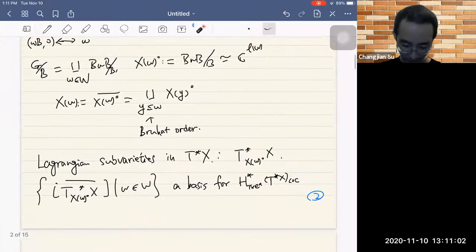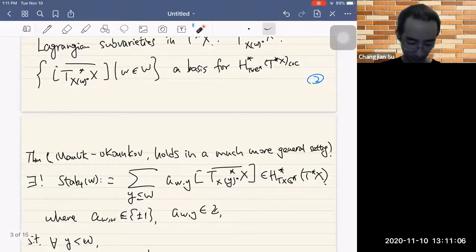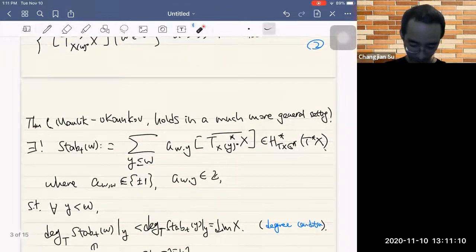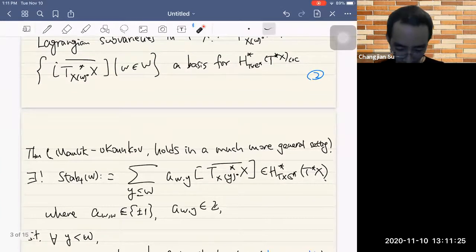But a very smart idea of Andrei Okounkov and Davesh Maulik is the following. This is the theorem that defines the stable basis, and this holds in a much more general setting, for example the symplectic resolutions. Now let me just state this in the situation of the Springer resolution.